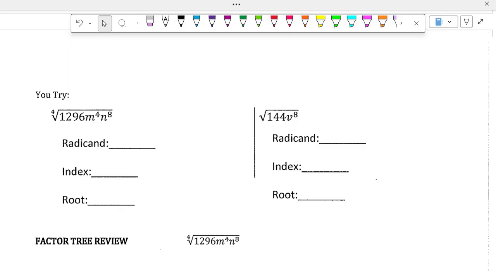When we did this, we just talked about your index was 2.